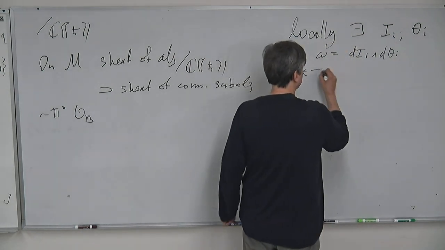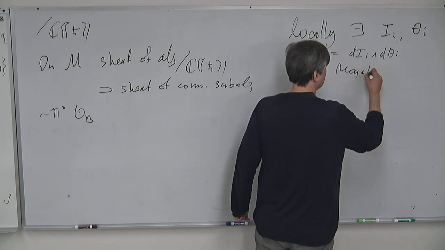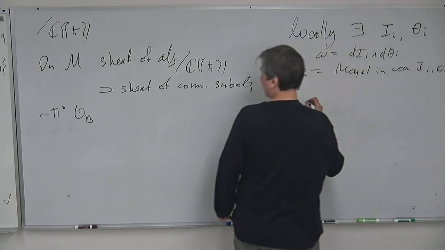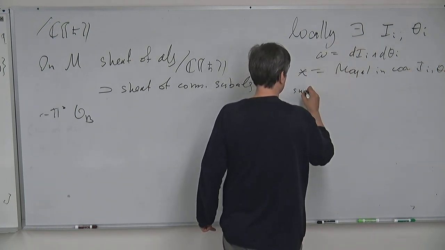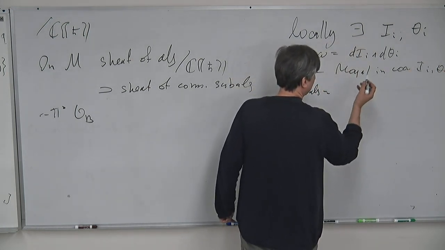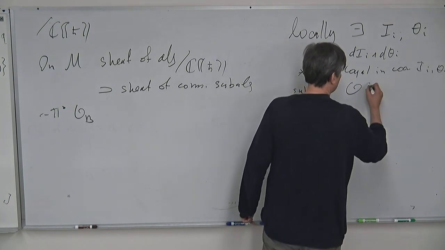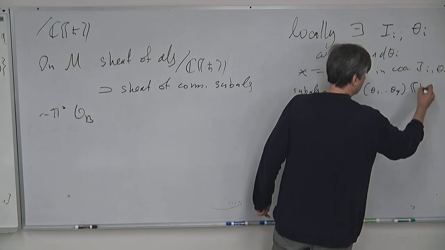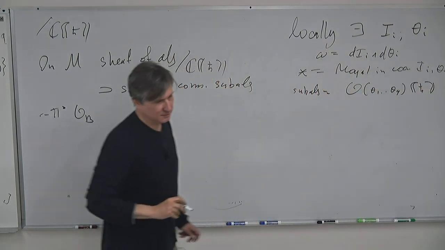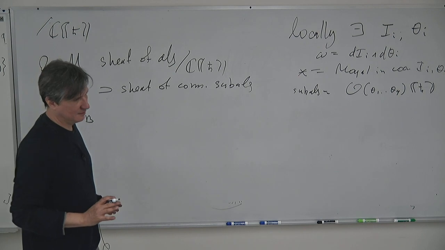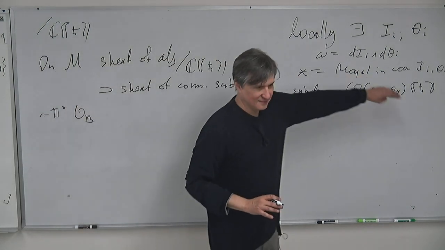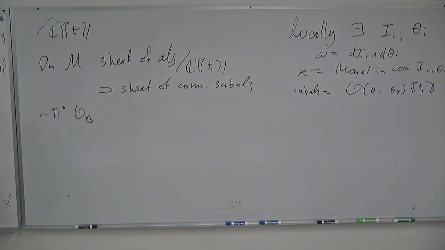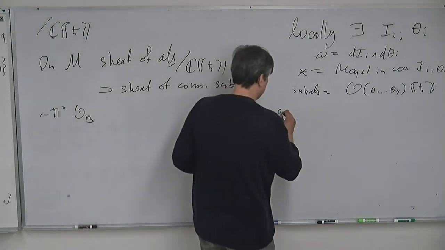The star product is the usual Moyal product in these coordinates, and the sheaf of subalgebras are functions of theta 1, ..., theta g, and also the Planck constant. So this thing looks locally like this. And what is the ambiguity?